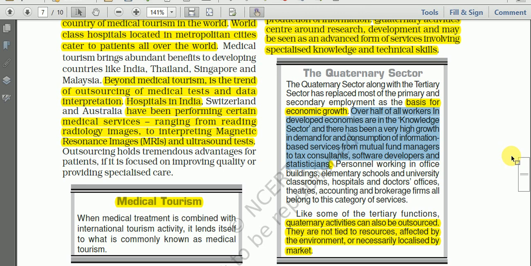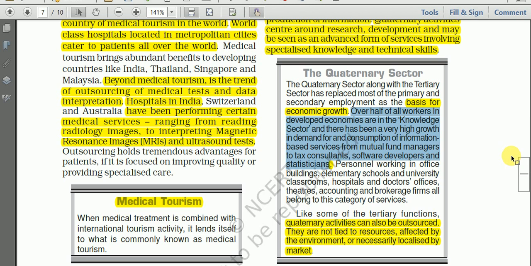So this is another important statement telling the significance of quaternary activities in the present world. Half of the workers in the developed countries are in the knowledge sector, related with specialized knowledge and technical skills.